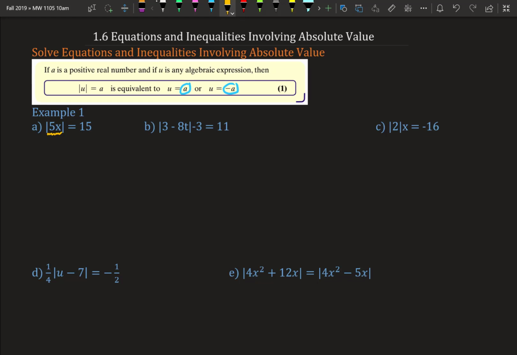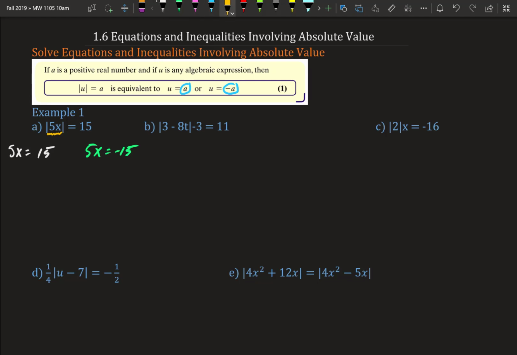Same thing here, inside the bars, the absolute value, that's going to be A. So we want to separate this into a positive equal and a negative equal. So we'll have 5x equals 15, and then we also have 5x equals negative 15, because we can plug in negative and positive values into it.